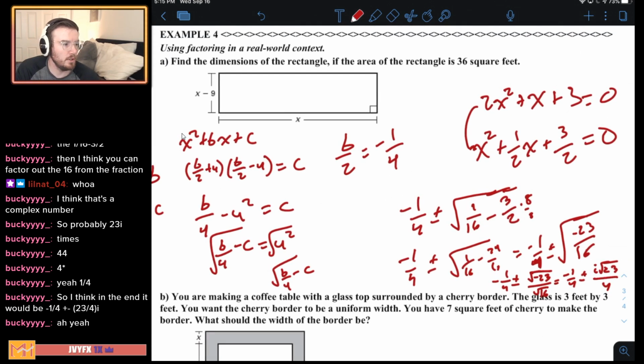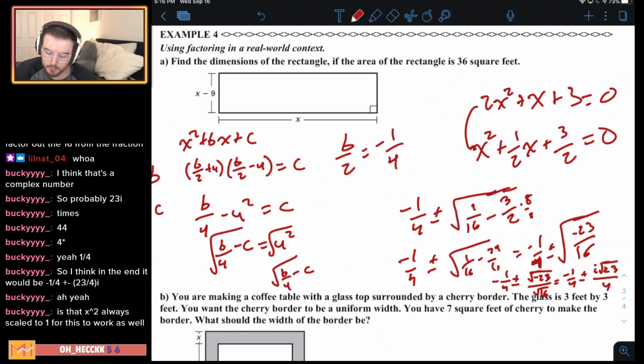What did you tell me to do? You told me to do negative b over 2 squared, which, the 2 squared is going to give me a 4, but I've got minus c here.